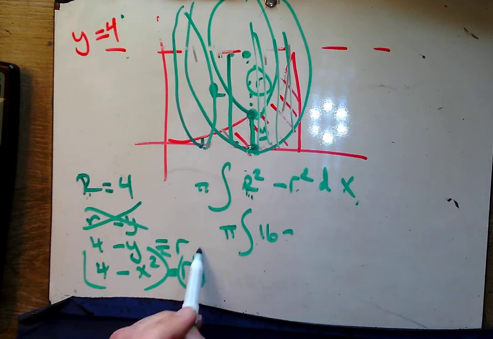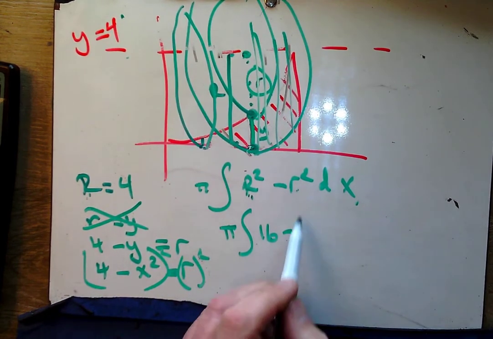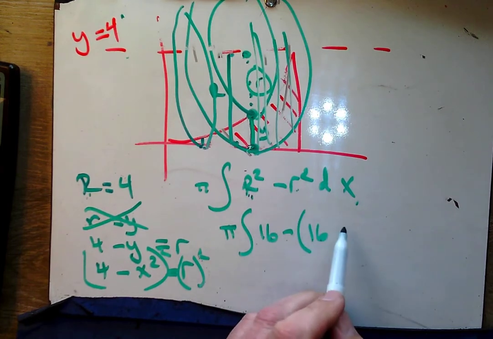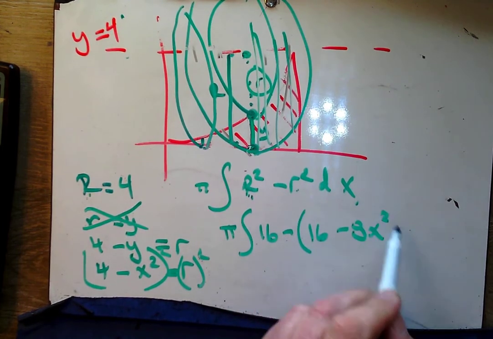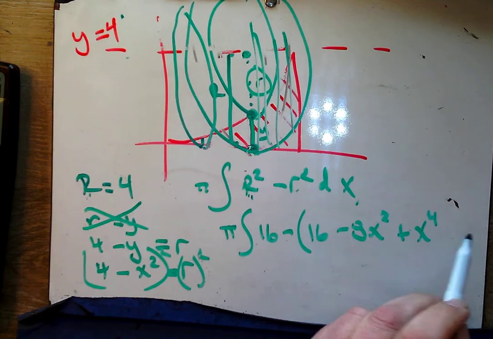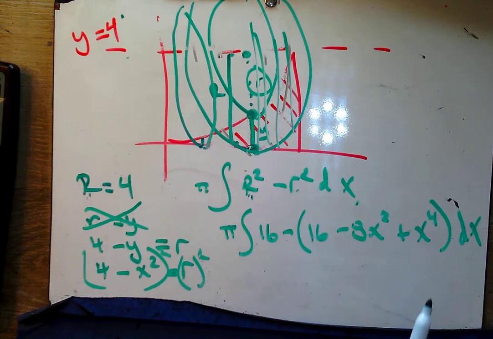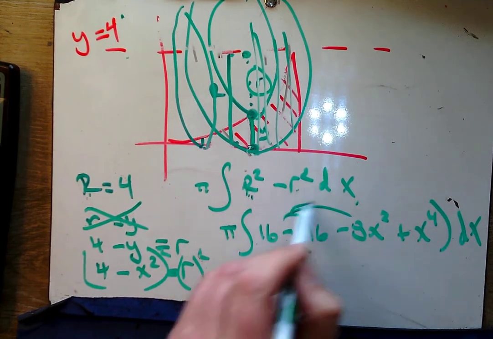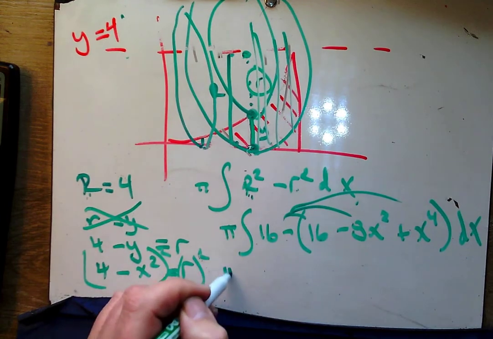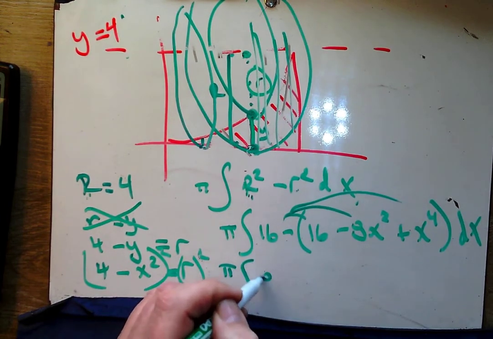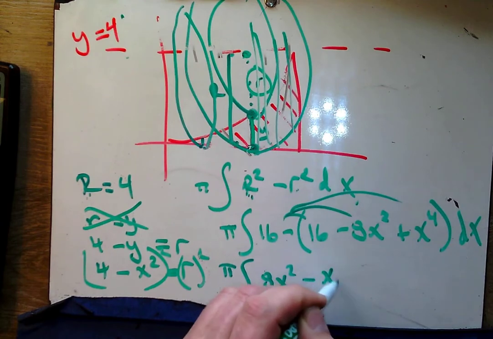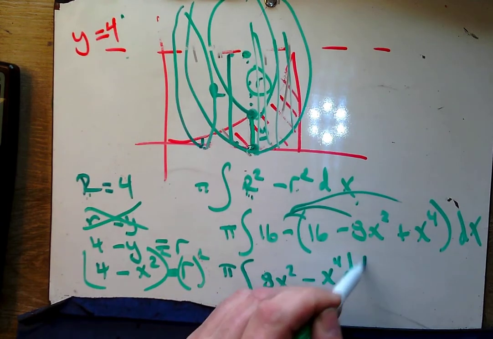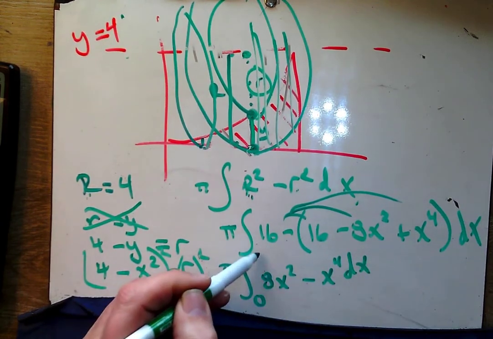So I'm squaring both sides here. So that's going to be 16 minus 8x squared plus x to the 4th dx. And I would distribute and combine like terms. I'll get 8x squared minus x to the 4th dx from 0 to 2.